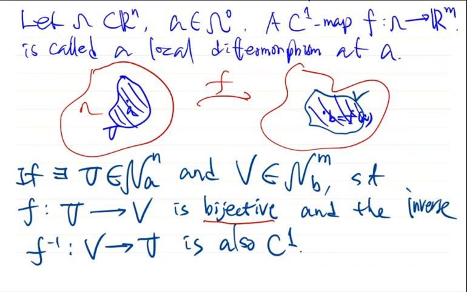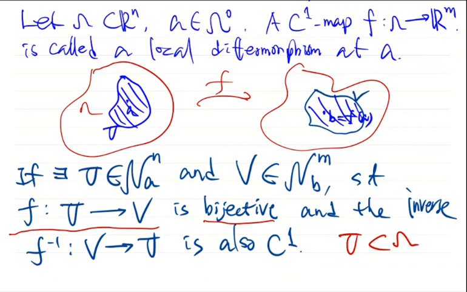Okay, so if this condition is satisfied, then we say that F is a local diffeomorphism at the point A. Of course, because the domain of definition of F is omega, this implies that U must be a subset of omega.